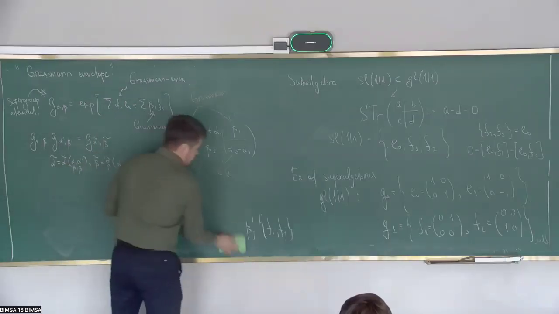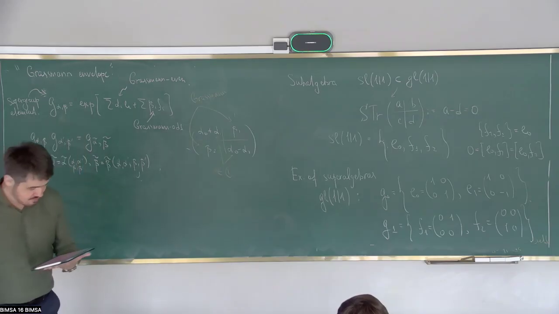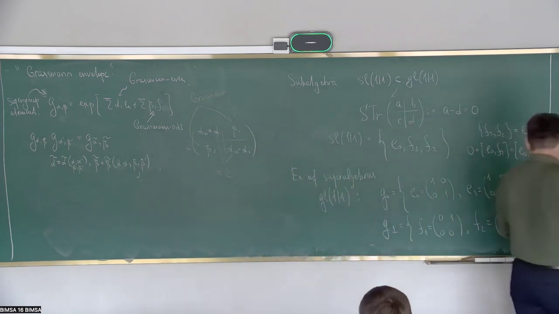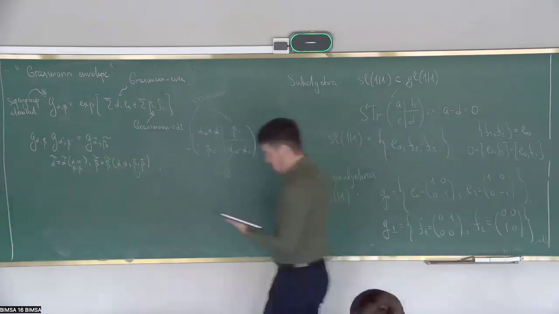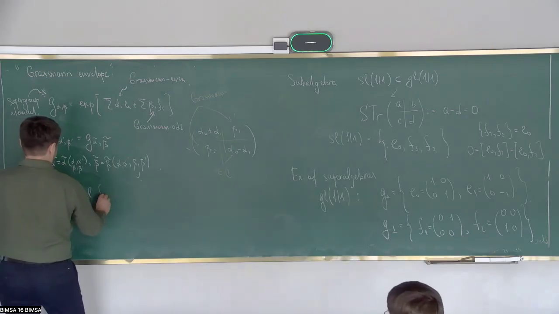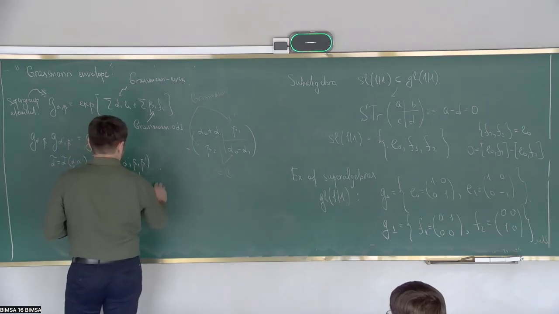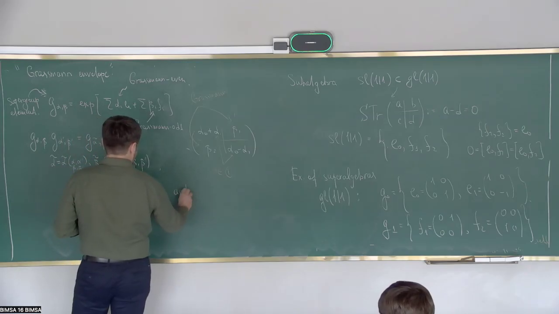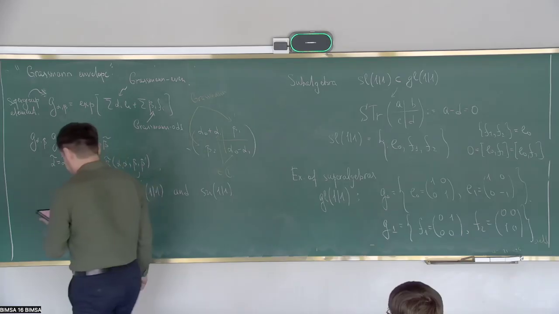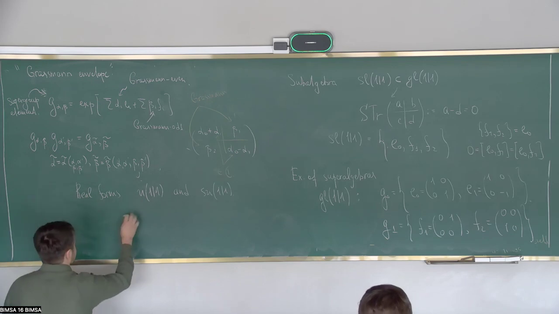Another useful thing is about the real forms of this algebra. So the real forms, the real superalgebras, are u(1|1) and su(1|1). So these are superalgebras over the real numbers.